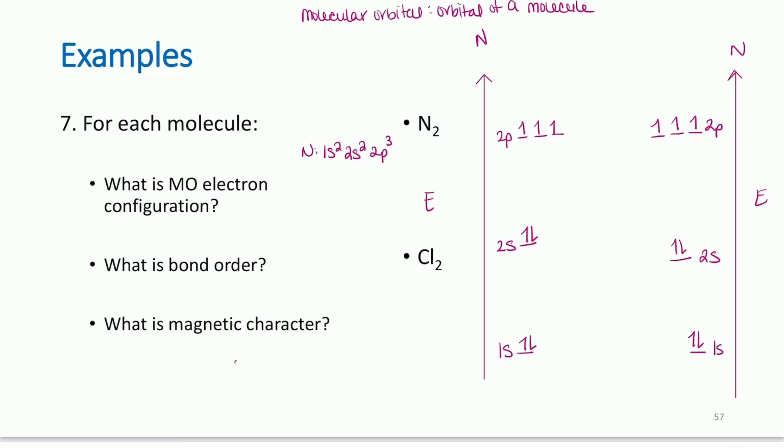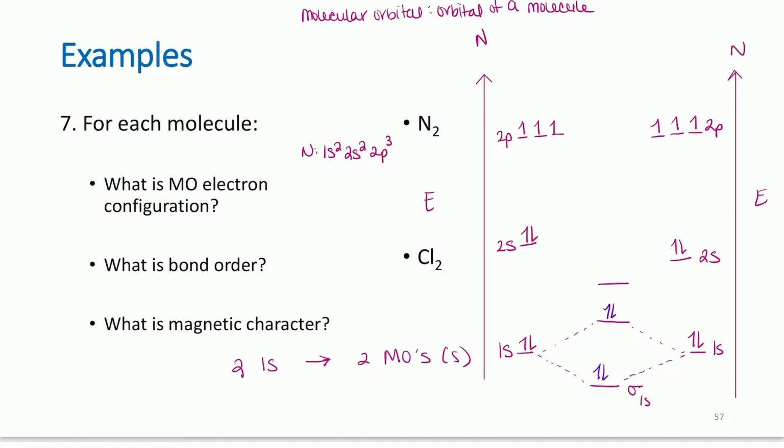So like we're combining 2 1s orbitals, we're getting out 2 molecular orbitals, specifically in the s. We're going to create 1 bonding and 1 antibonding. So the bonding will be lower in energy, the antibonding is higher in energy. We call your bonding for 1s a sigma, and this is specifically sigma 1s because it came from the 1s orbitals. We then fill in your electrons, and you've got 4 electrons in, 4 electrons out.